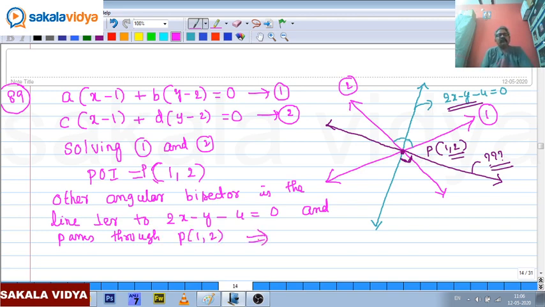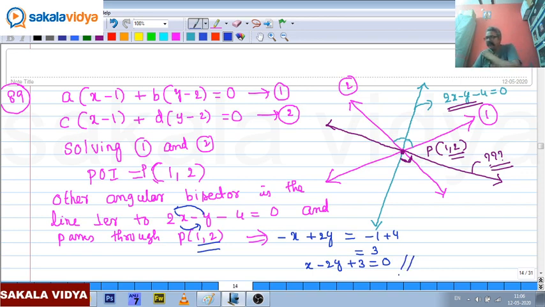So how to find it? Now interchange the y and x coefficients and change the sign of one. You get minus x plus 2y. It passes through which point? 1 comma 2. Substitute here: minus 1 plus 4, this will be 3. So take that to the other side. x minus 2y plus 3 equals 0.